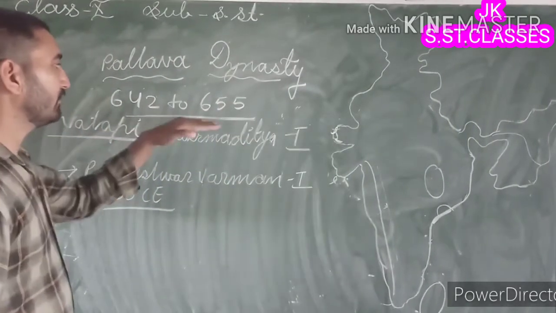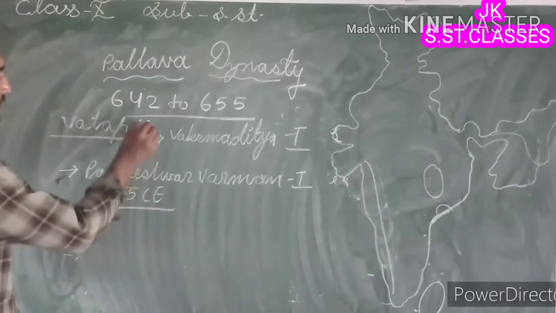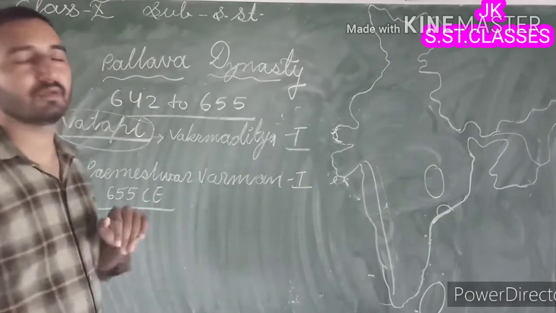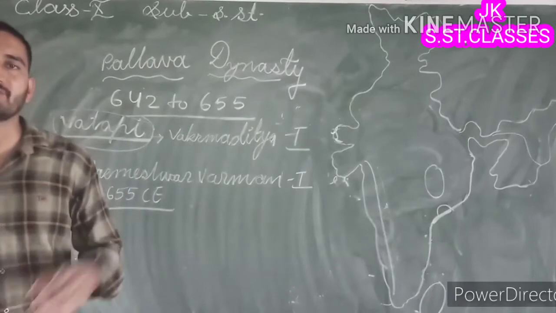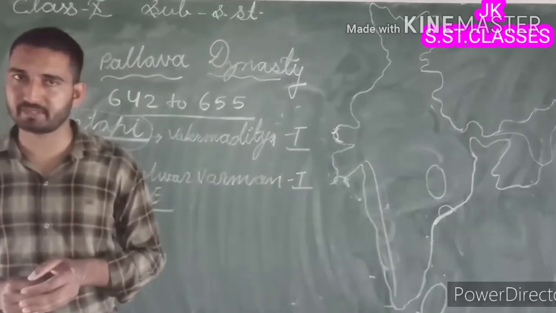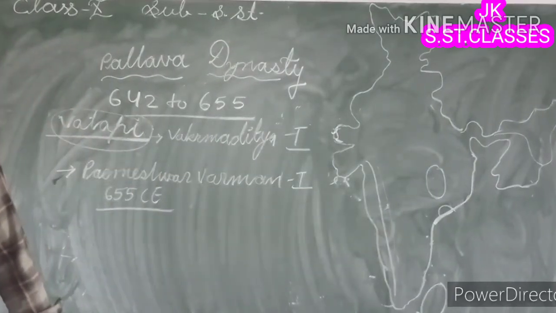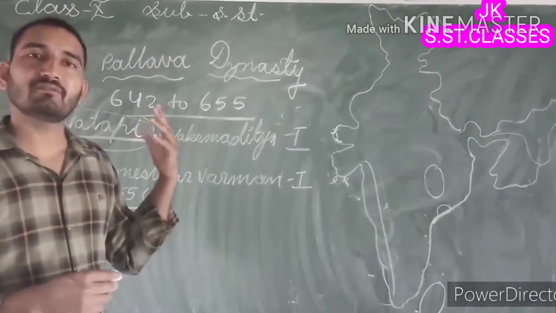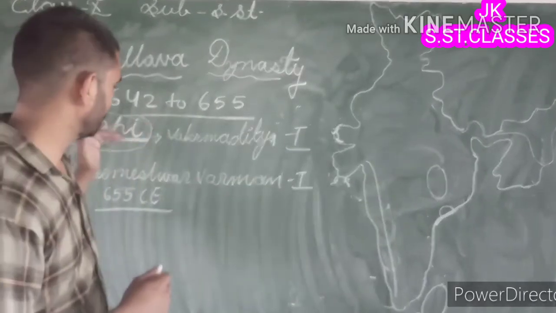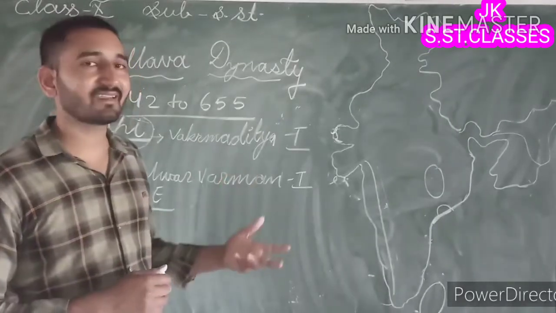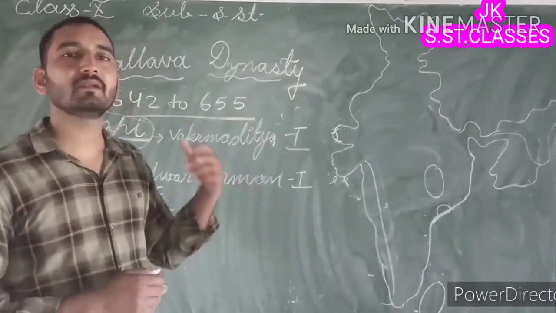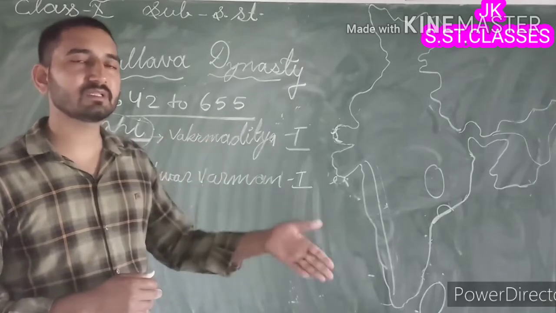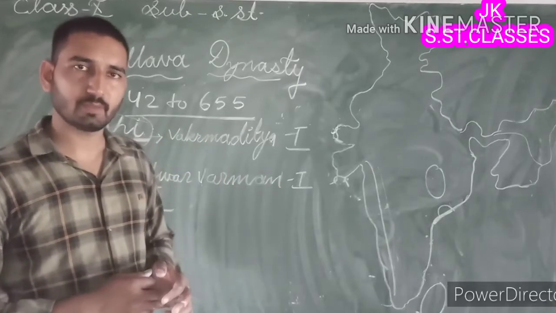In this way, Vikramaditya I reoccupied the region of Vatapi, which was the capital of the Chalukyas of Vatapi. Is that clear? After that, many rulers were there in this dynasty, for example Parameshvaravarman II, Narasimhavarman II, Nandivarman I, Nandivarman II, and Aparajitavarman.